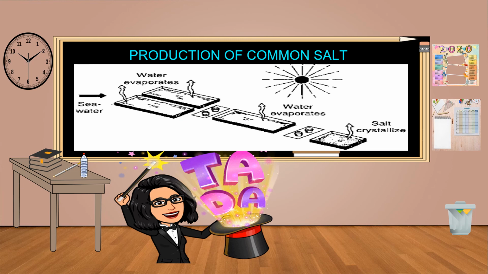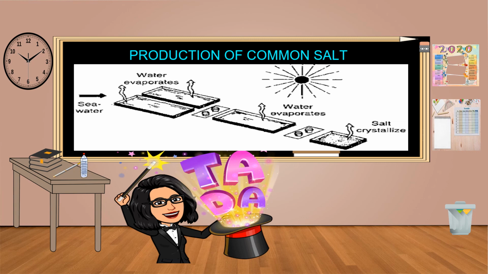Students, the process by which we can produce common salt from seawater is called evaporation. Collect seawater in shallow pits. Leave it as it is over there. Due to sunlight, water from these pits will get evaporated, and after some time you will find only a white substance in those pits, and that substance is salt.